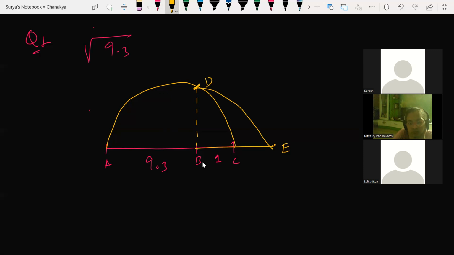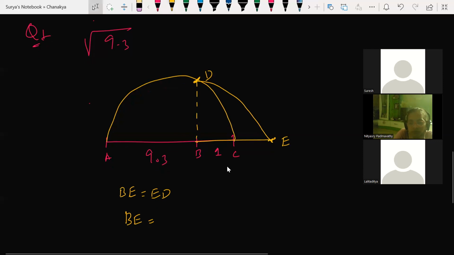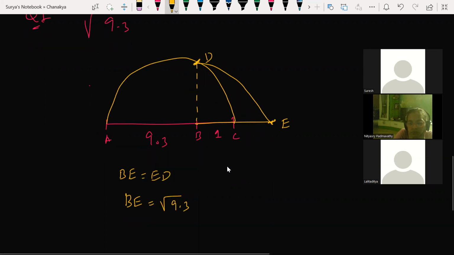Draw one more arc where BE is equal to BD. ED, what do we know? ED is equal to the square root of 9.3. That is what we wanted, the square root of 9.3.